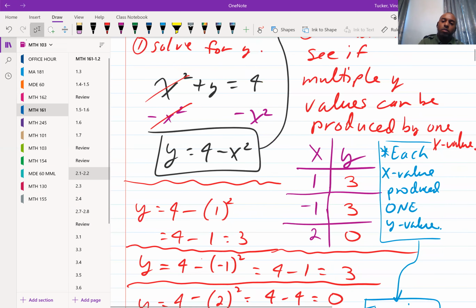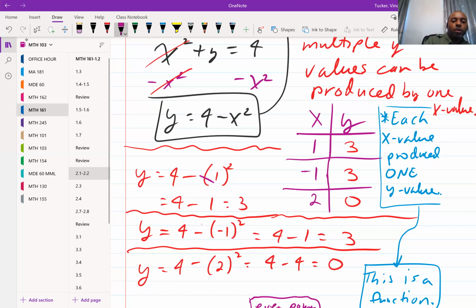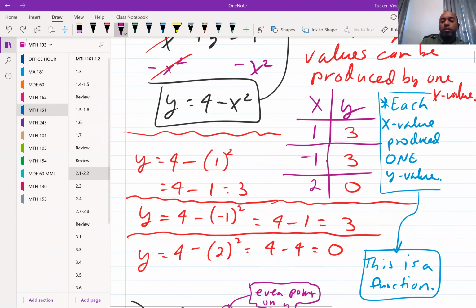Here, the work in the red is just me plugging in the values and getting out that y. But this is a function because every time I plug in an x value, I will always just get one y value. Even if it's the same one, remember it's okay to have your y repeat. It's just that one x cannot go to multiple y values. And like I said, in the next one, you'll see how that is a possibility.